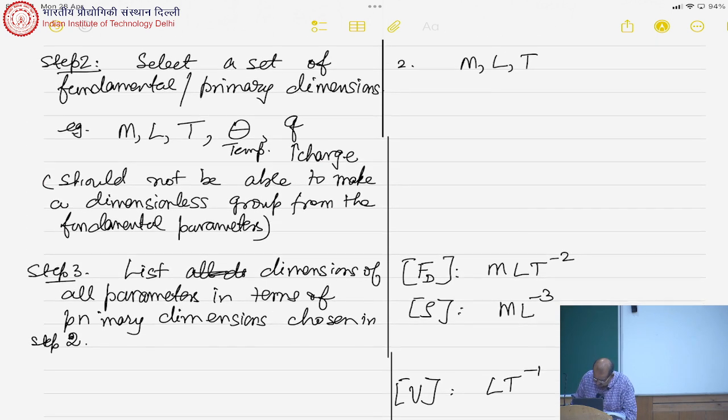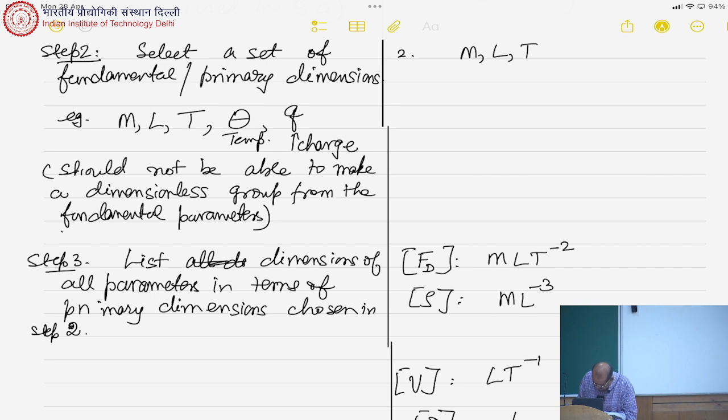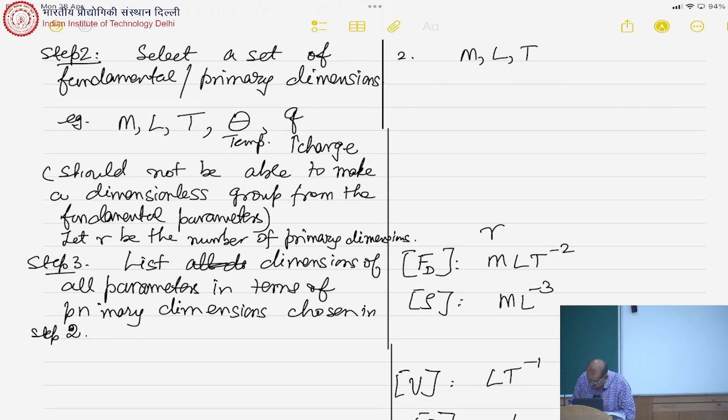Now, let R be the number of primary dimensions which you have used, M L T. Let that number be R. So in this example, R is 3.